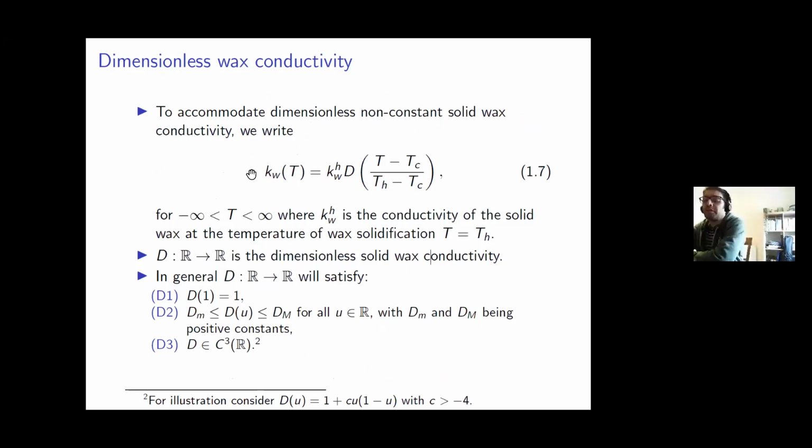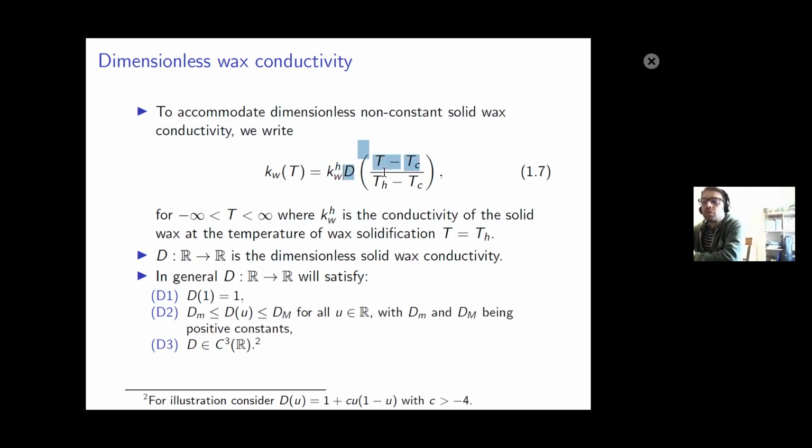As stressed already, we are considering a non-linear wax conductivity here, and we non-dimensionalize in the following way. We pick K subscript WH to be the wax conductivity at temperature TH, so that's the wax conductivity at the melting point in this case, not the solidification point.